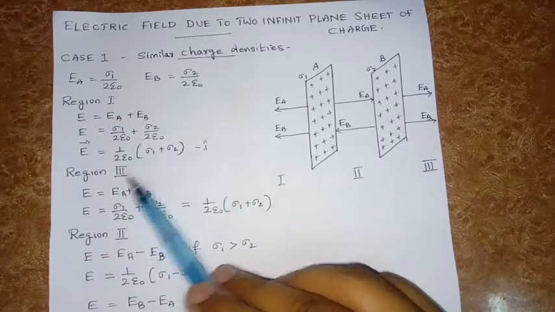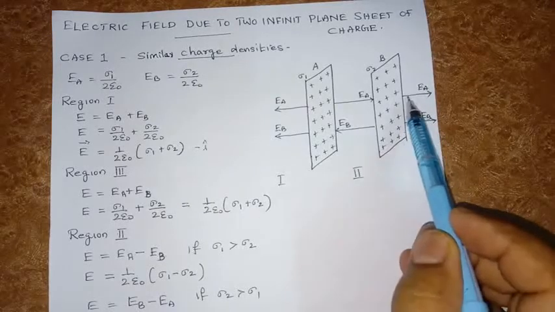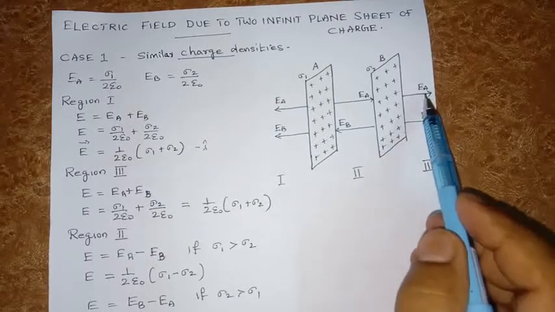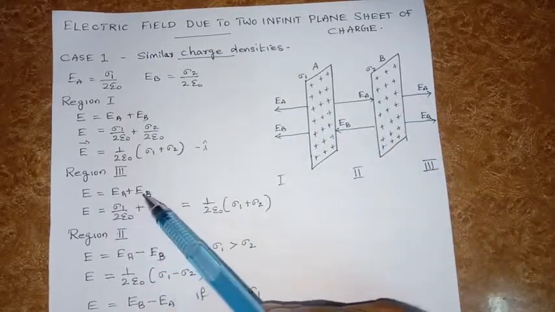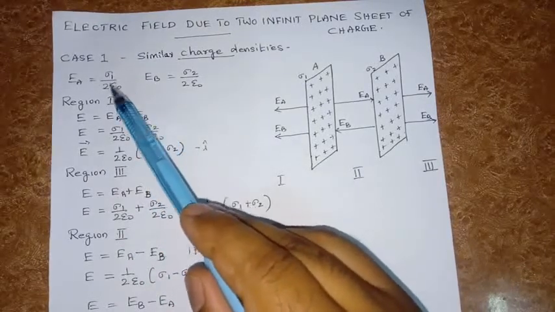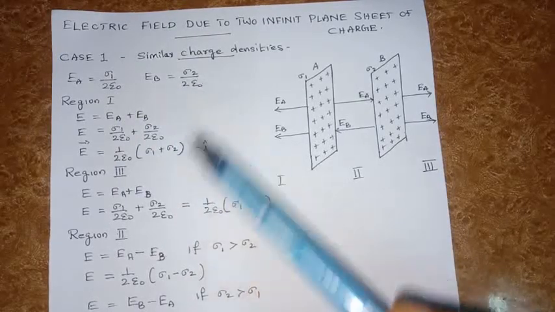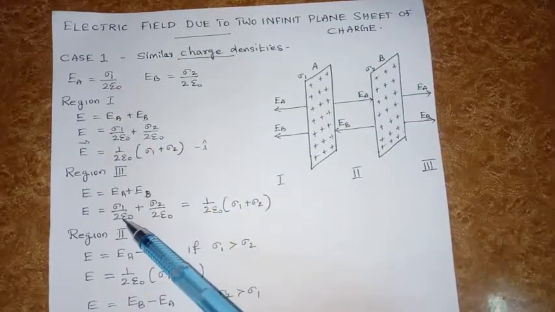Now let us consider region 3. There also you can see the electric field arrows are in the same direction. So the net electric field will be EA plus EB. The electric field due to the first sheet is EA, sigma 1 by 2 epsilon 0, and due to the second sheet EB, sigma 2 by 2 epsilon 0. Therefore, let us add them together.